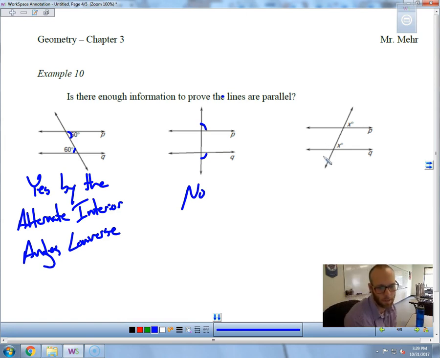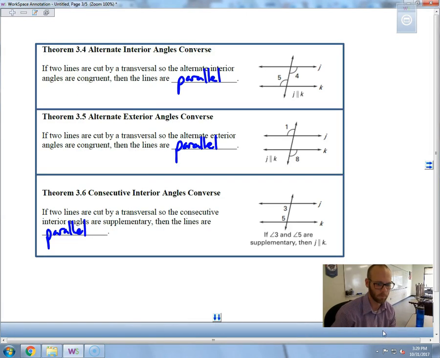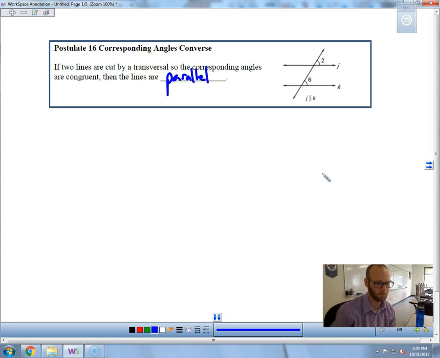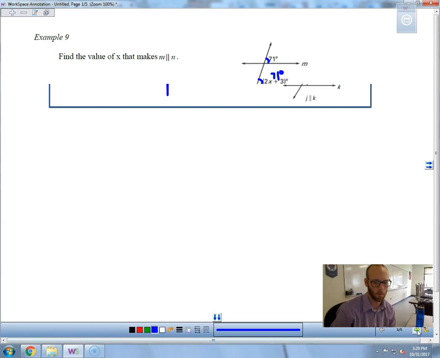Okay, we got line P, we got line Q. We have two angles that are both x degrees. Well, if that's x degrees and this is x degrees, that means they're congruent, aren't they? What kind of angles are those? They're corresponding. If corresponding angles are congruent, then the lines are parallel.